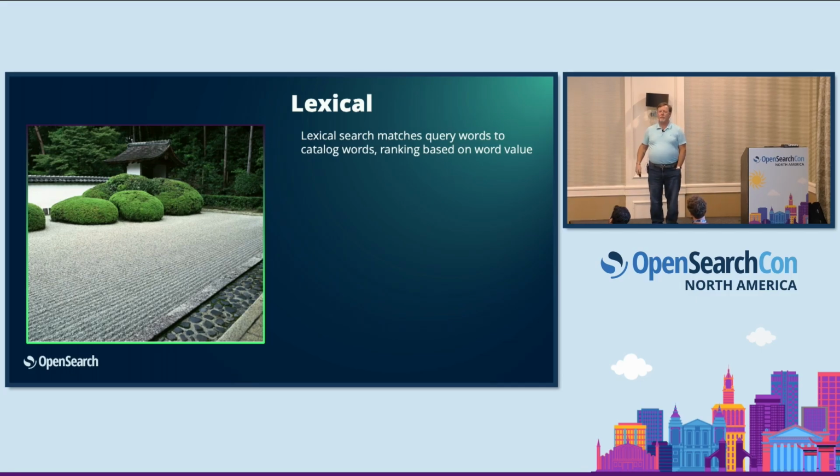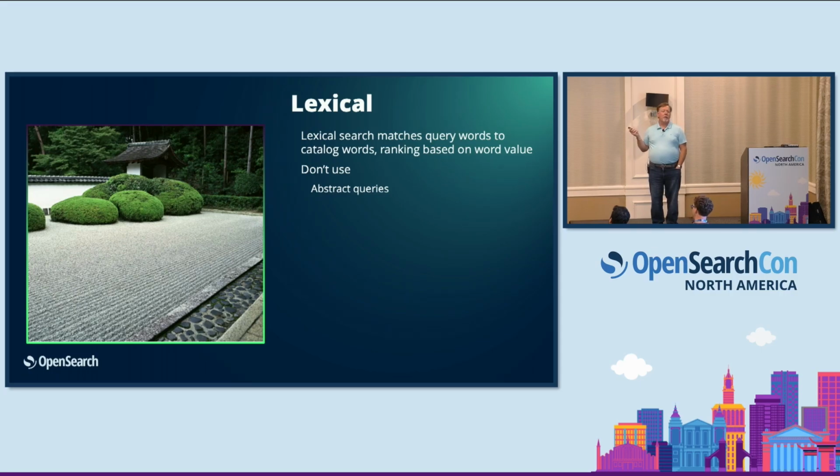For lexical search, we match query words to documents and we use BM25, plus a lot of additional machine learning technology can come into play that makes our results correct. It's not good at abstract queries.